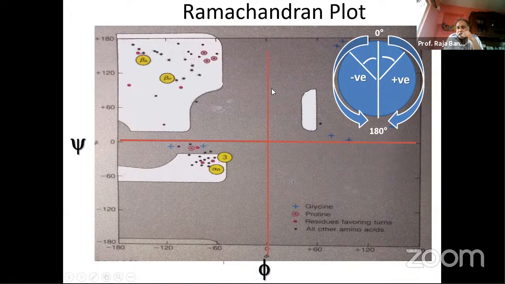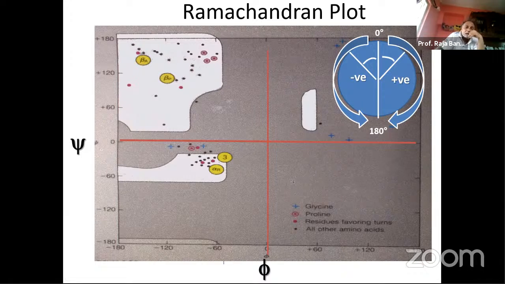So in the two-dimensional plot, when Ramachandran initially published the first paper in JMB, he plotted 0 to 360 degree. Actually, that is as per the Linus Pauling plot.